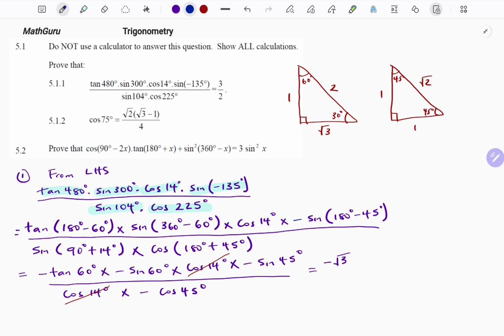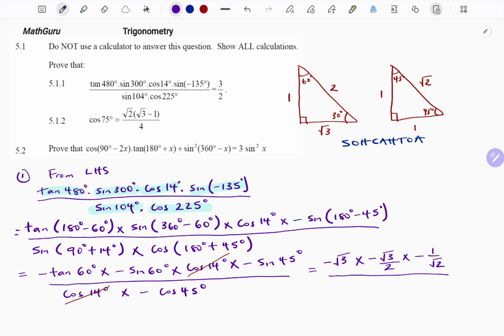I'm going to write my SOHCAHTOA. That's the acronym of the trig ratio. Then I have my sine of 60 degrees. That's multiplying negative sine 60. That will give me root 3 over 2. Then I have negative sine of 45 degrees. That will be 1 over root 2. Sine is opposite over hypotenuse.